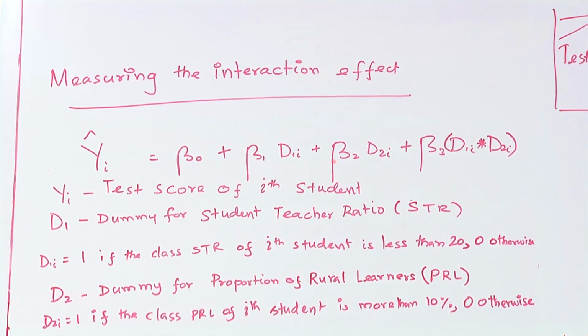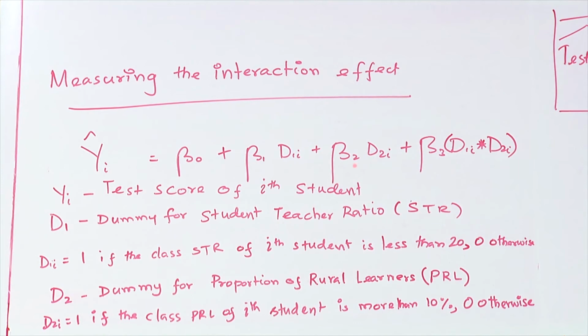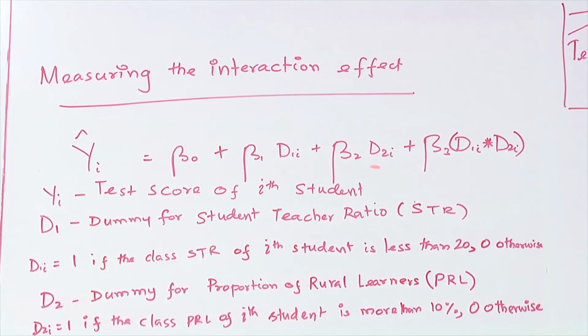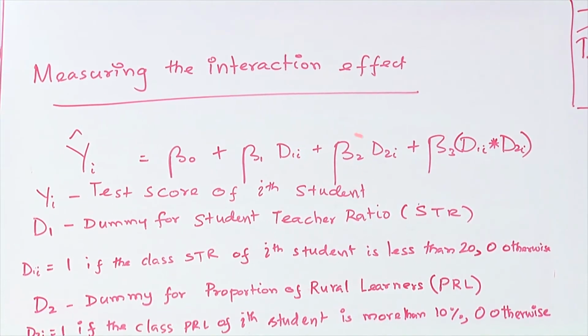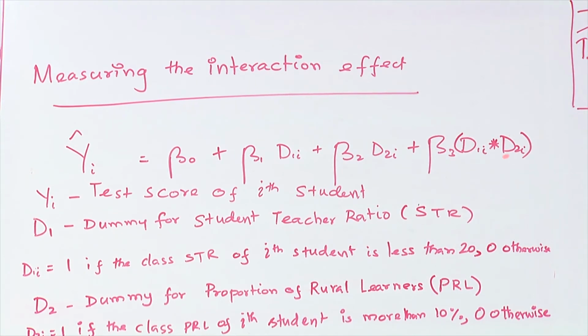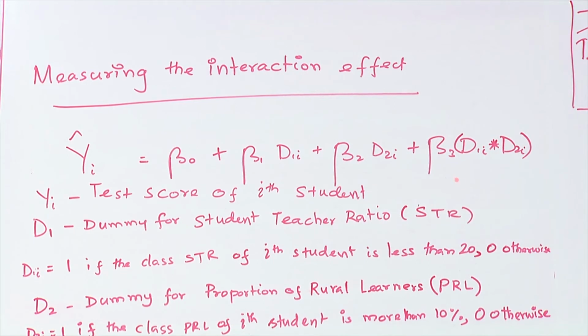That is the special characteristic of this ANOVA model, and that is multiplied or derived from these two dummies, that is combined D1 and D2. So, this is the combined dummy. This will measure the impact of interaction.